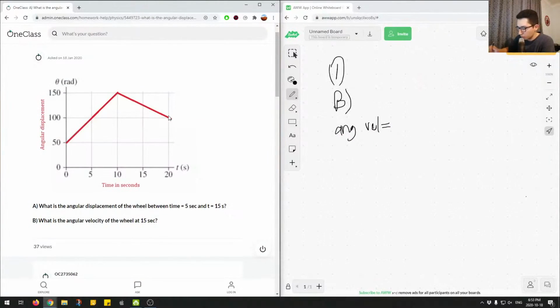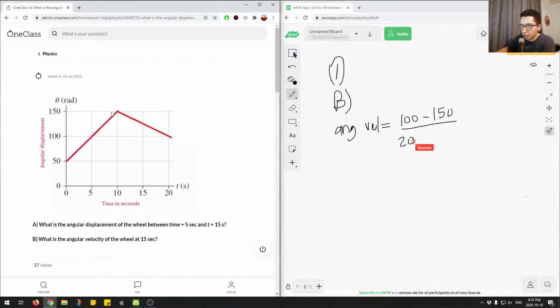At the final point the y-axis value is 100, minus the initial point where the y-axis is 150, and then on the x-axis the final point is 20 and the initial point is 10 seconds.